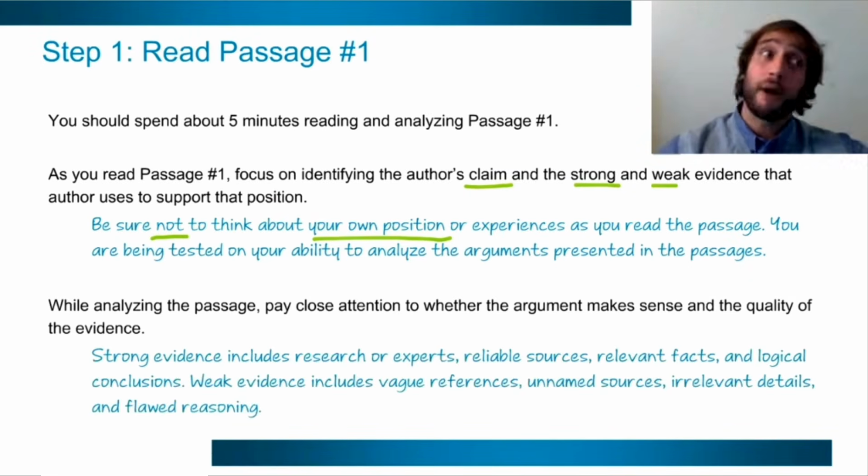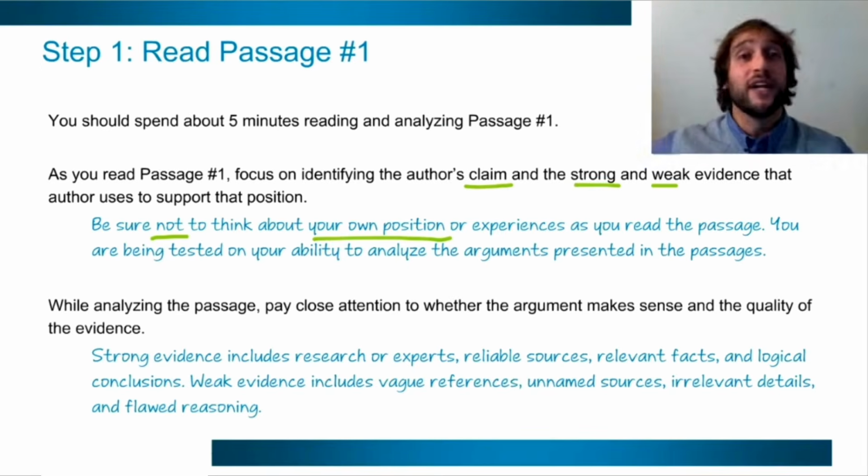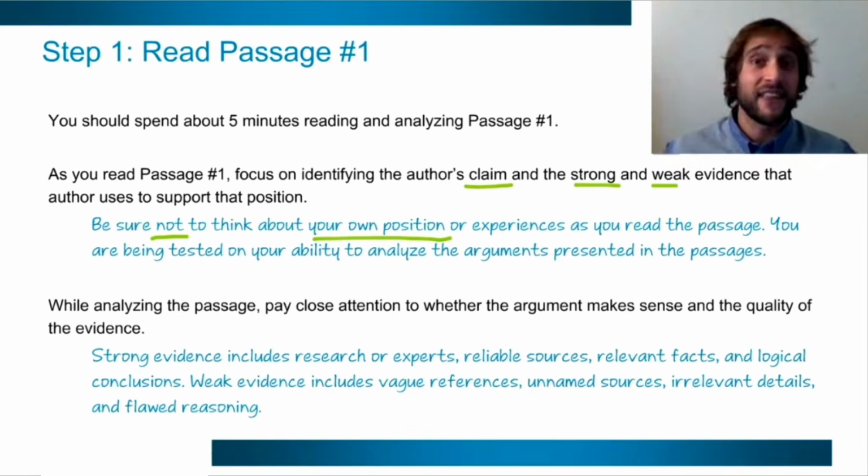Okay, so let's talk about what makes evidence strong versus what makes evidence weak before we practice with the passage. Well, strong evidence is going to include research, especially research by a credible organization or source. Okay, probably it will be done by experts, or the evidence will cite an expert in that field.